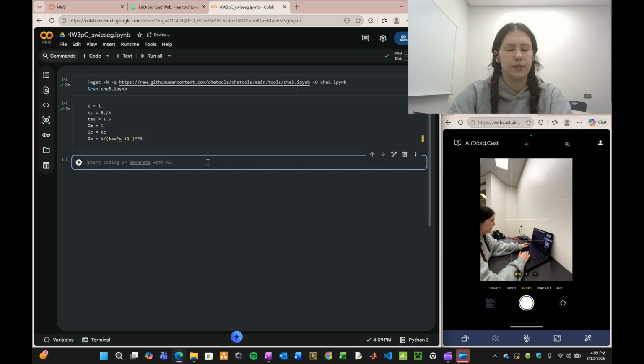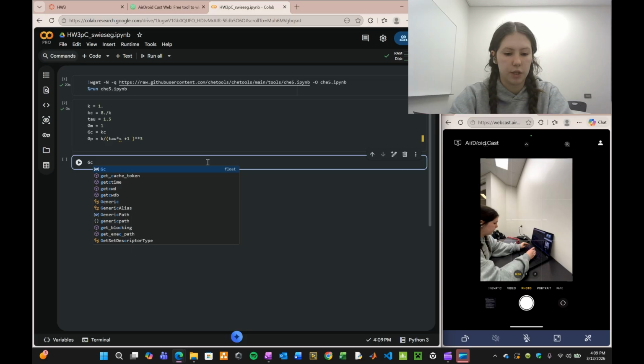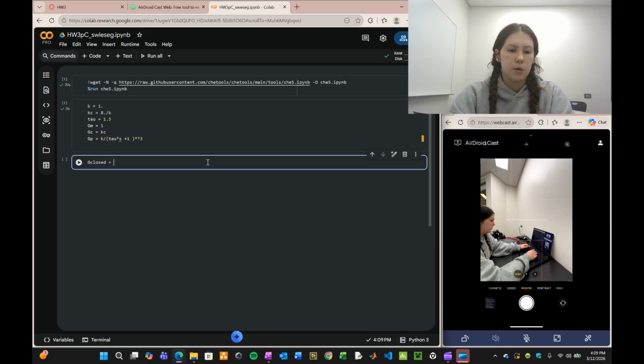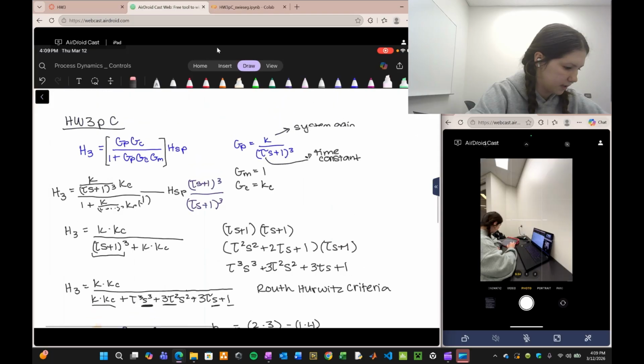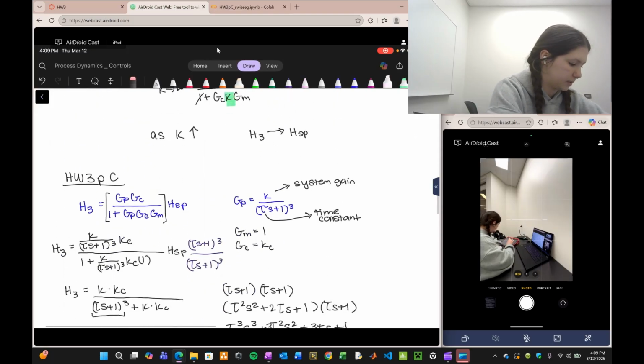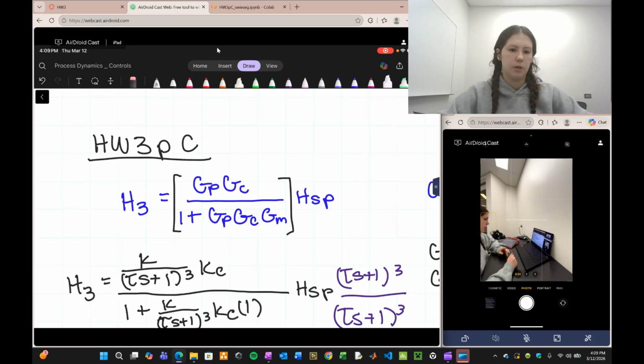And then we need to create a variable for our entire transfer function. We're just going to call it gclosed because it is a closed loop. So this is our whole thing that we had earlier. Let me find this. So it's GP GC over 1 plus GP GC GM.